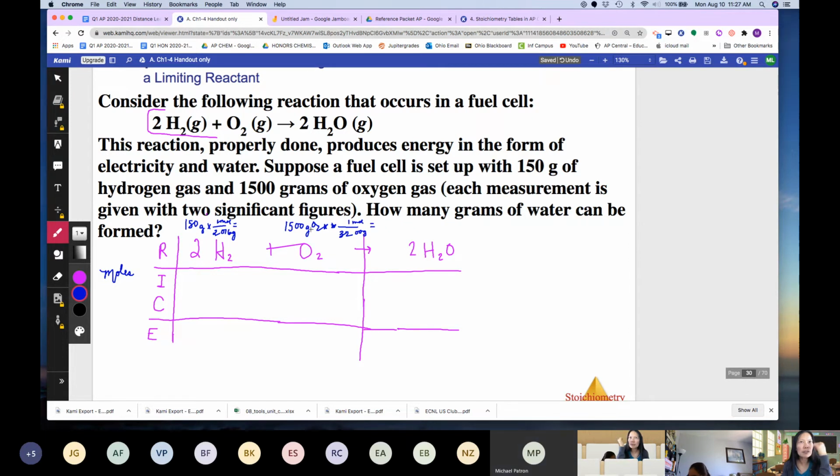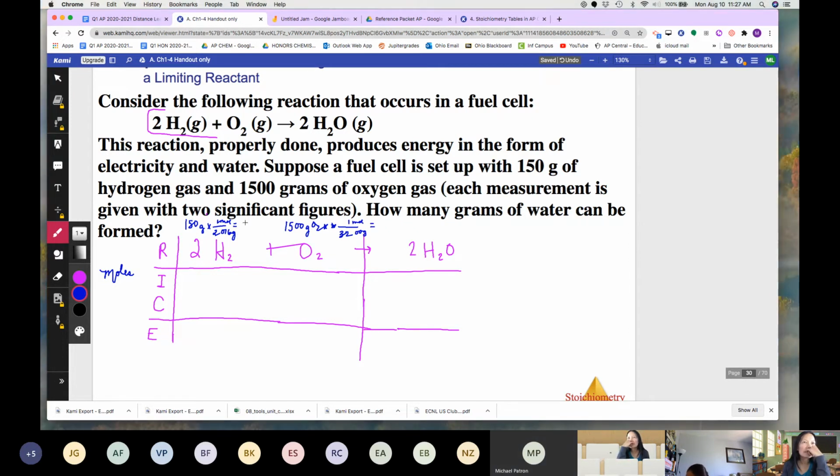Okay, somebody give me numbers. 74 moles for the hydrogen. And 47 moles for the oxygen. 74 and 47.